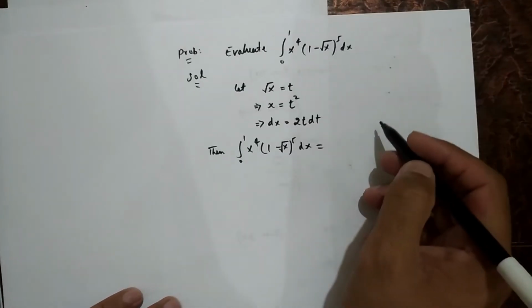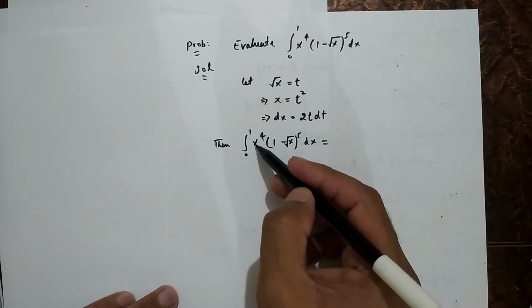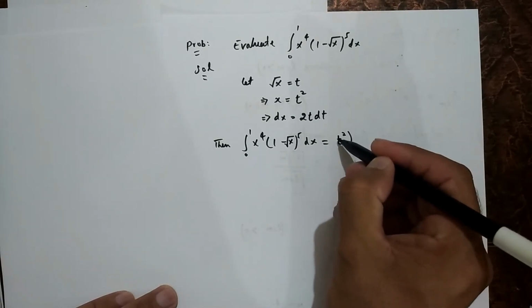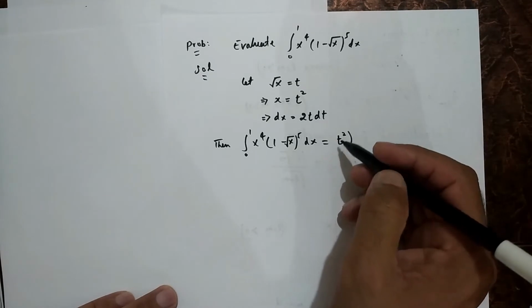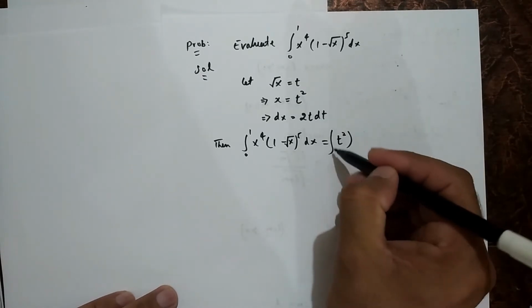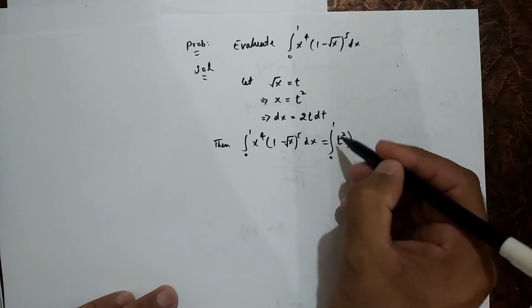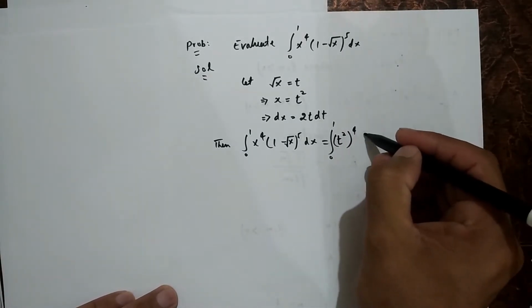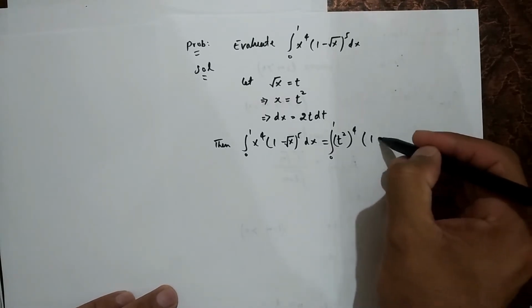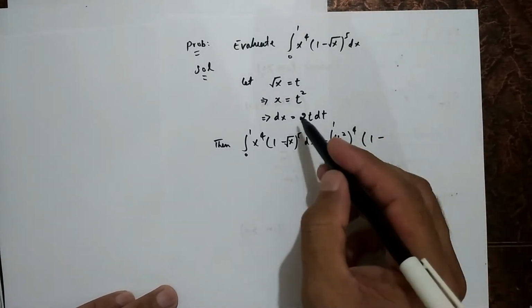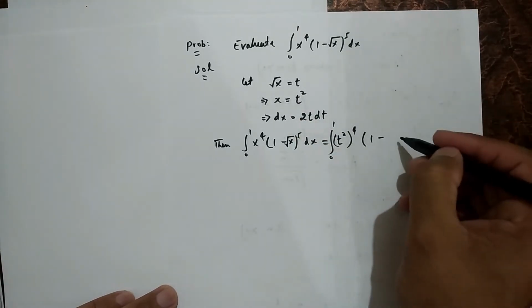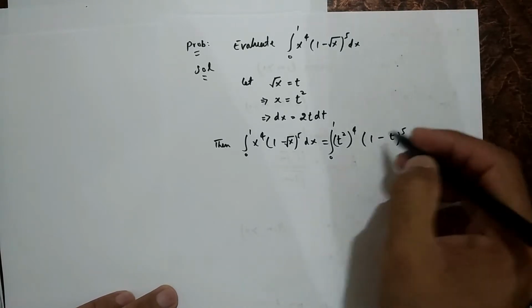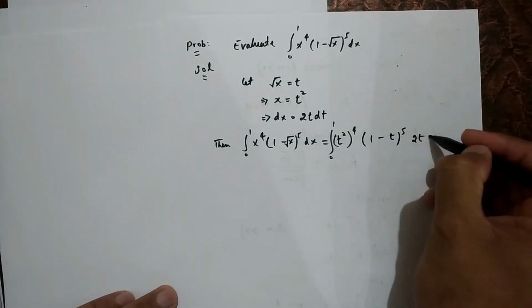Here we have x and x is t square, so (t square) to the power 4 into (1 minus t) to the power 5, and dx is 2t dt.